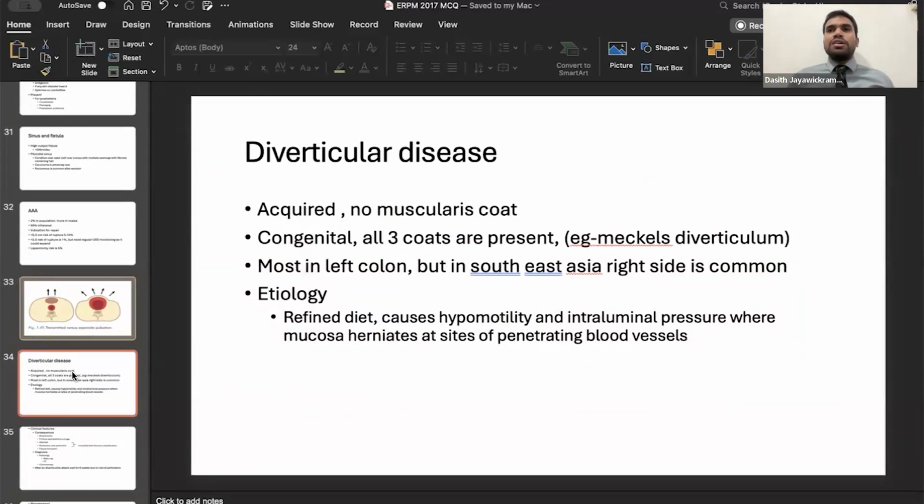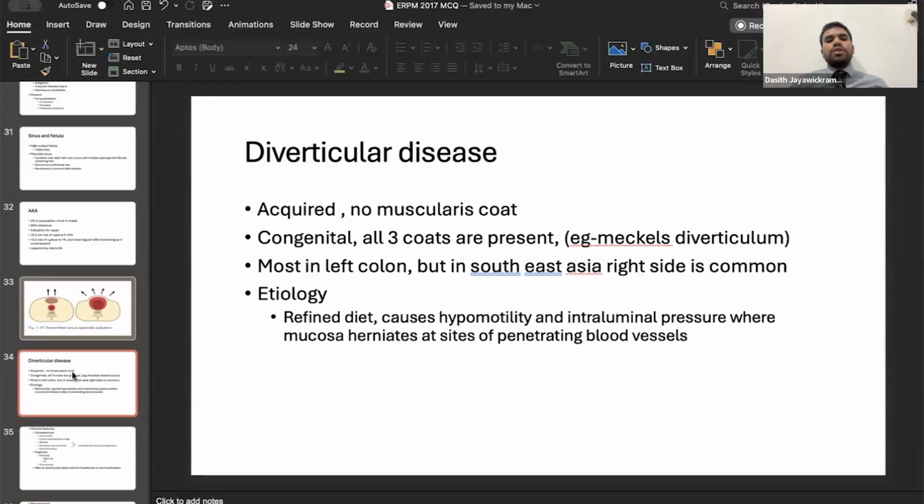Okay, why is it? Because the sigmoid colon is narrower than the other segments, and with increased pressure in the intraluminal cavity, there is herniation of mucosa through the penetrating arteries of the muscle wall. There are penetrating arteries from the serosa towards the mucosa. So when there's high pressure, through these penetrating points, mucosa can herniate out and cause a diverticulum.